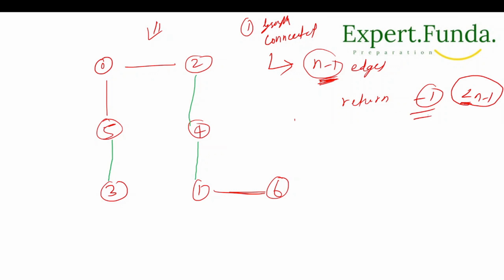We will return -1. You got it, right? Otherwise we can connect the entire graph if we have at least n-1 edges, right?